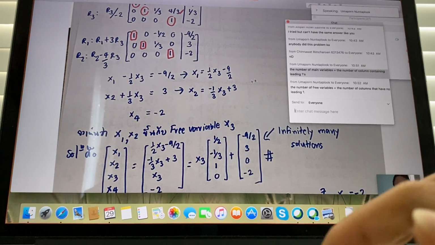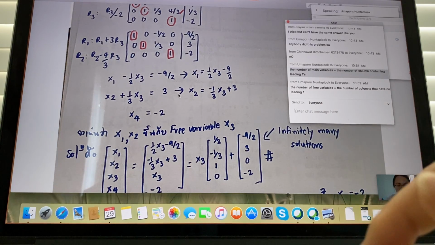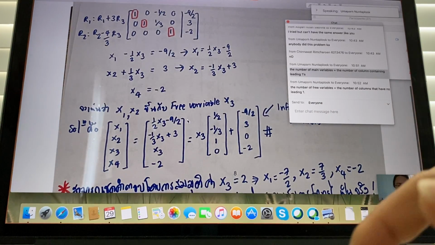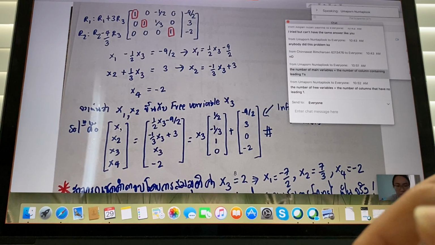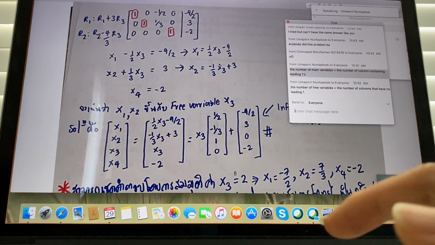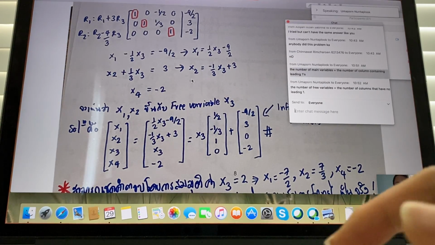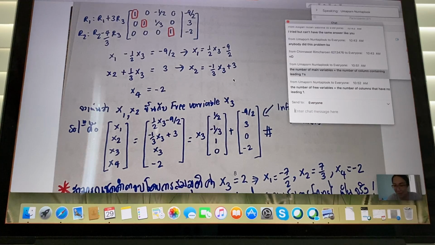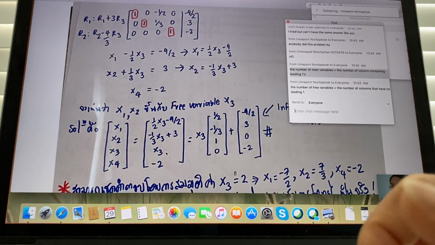So now you just see here first. When we have this, I just write down the solution will be x1, x2, x3, x4. And you know that x1 can be written in this form, x2 can be written in this form. And x3 we don't know, it's a free variable, so it's freedom for x3. You just write x3.